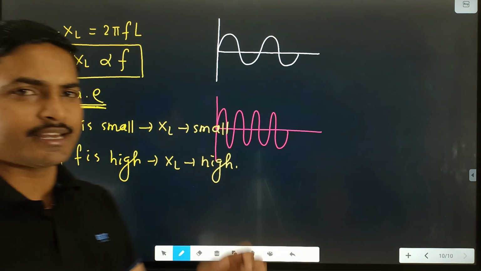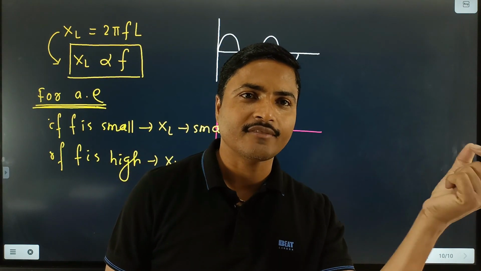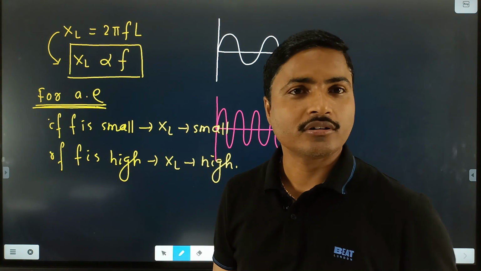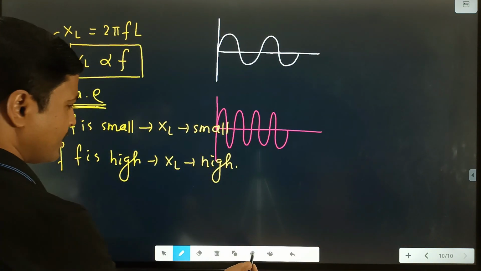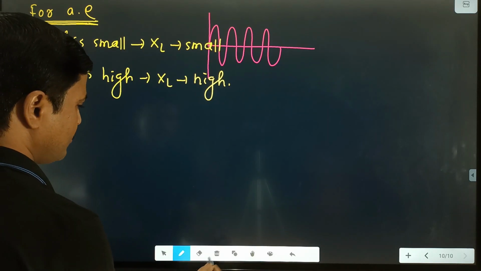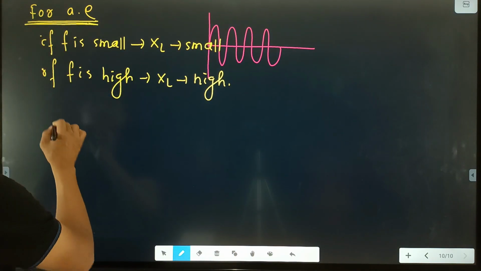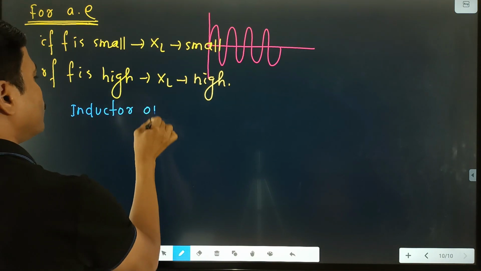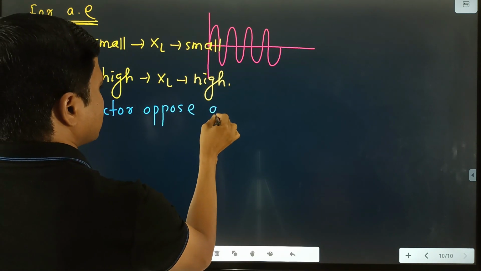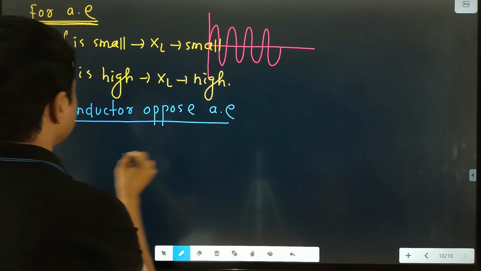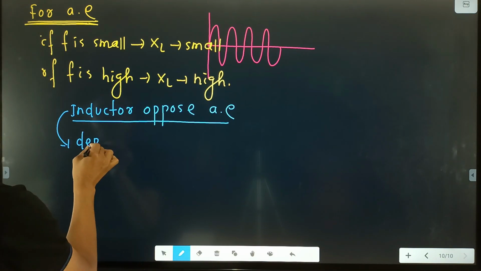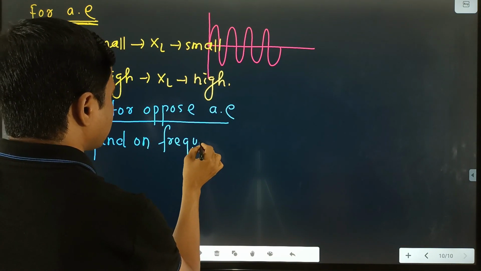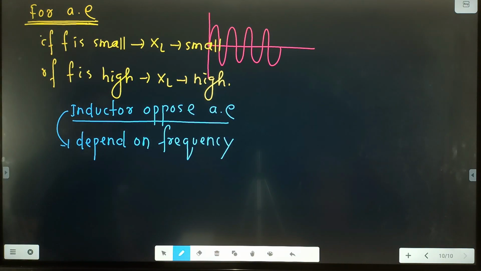That means if we take an inductor, and an alternating current flows through the inductor, then the inductor opposes the alternating current, and that depends on frequency.